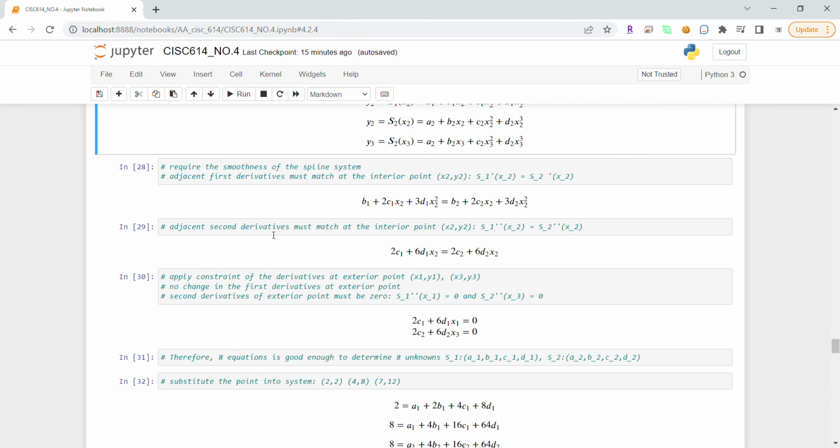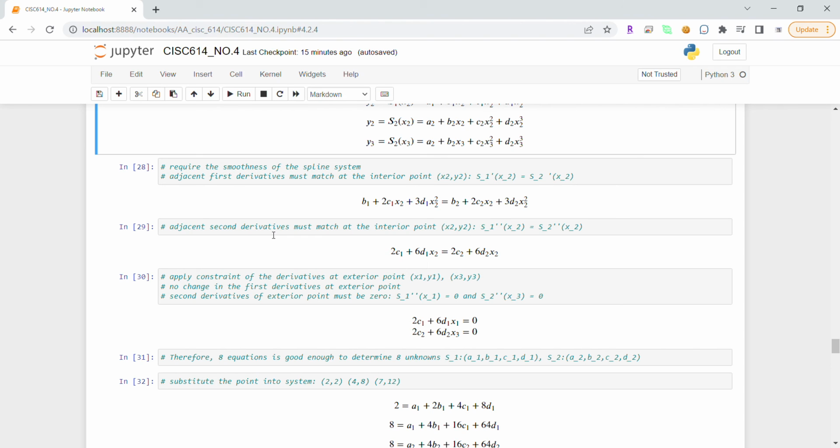And the last constraint we apply is on the derivatives at the exterior points, x1, y1 and x3, y3. Because there is no change in the first derivatives at the exterior points, the second derivatives at the exterior points must be 0.